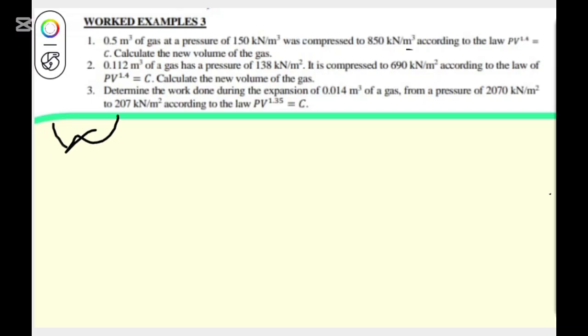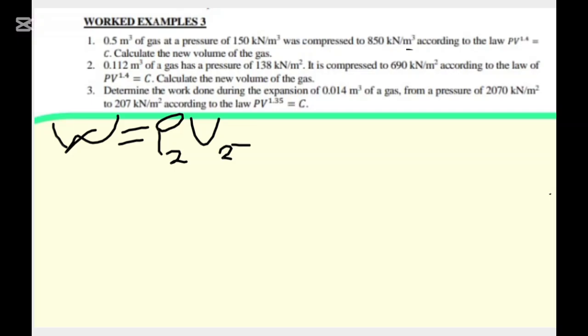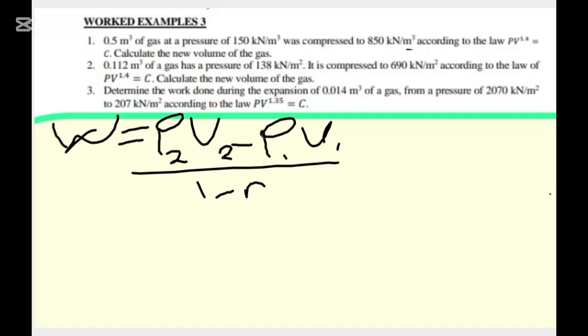So the work should now be equal to (P2 V2 minus P1 V1) divided by (1 minus n). So this is the formula. This is 1 minus n. So you have to take note that this is the first volume and this is the first pressure and this is the second pressure. So we are looking for the second volume.